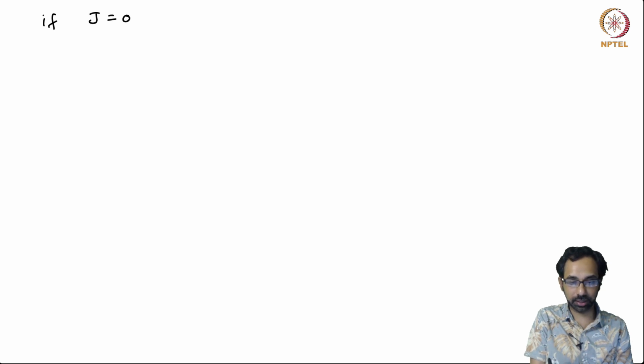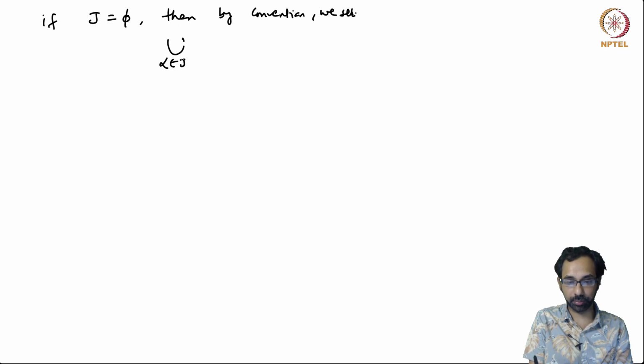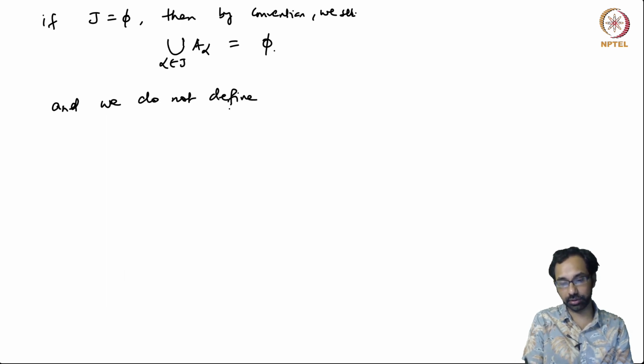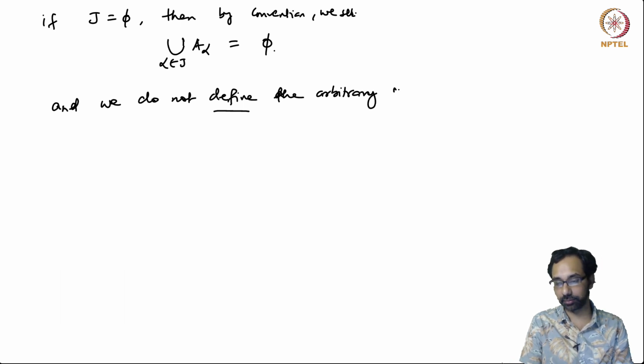Now if J is the empty set, then by convention we set the arbitrary union over this indexing set J of these A alphas to be empty, and we do not define, not even by convention, the arbitrary intersection when J is empty.